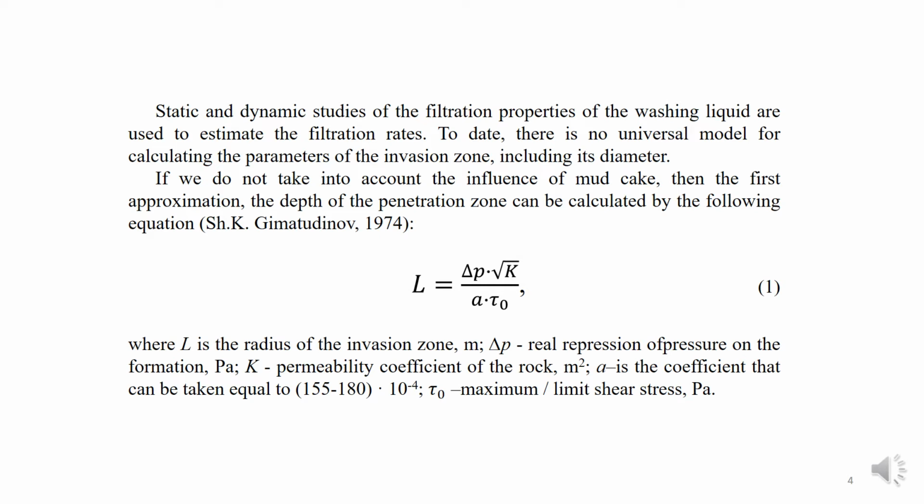The second stage is the filtration of the washing liquid through the mud cake. However, even the inhibition of filtration into the formation by increasing the mud cake does not always contribute to the formation of a small penetration zone. If we don't take into account the influence of mud cake, then in first approximation the depth of the penetration zone can be calculated by the following equation.